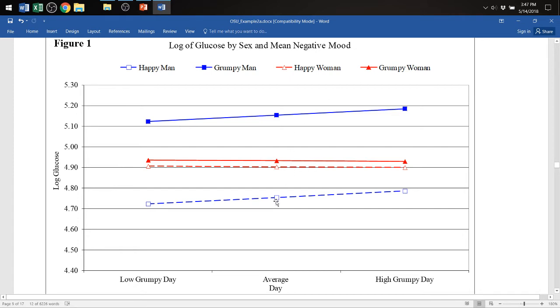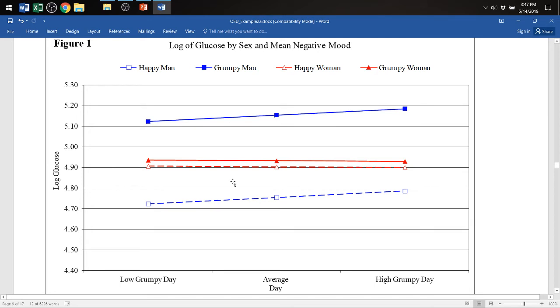So first off, if we look at the individual lines, the slope of the blue lines is the within-person negative mood effect for men. The slope being less positive and flat is the within-person negative mood effect for women. And gender by negative mood is the interaction term that tests the difference in the blue slopes from the red slopes. Then the between-person side of the model is given by the vertical distance between the lines.